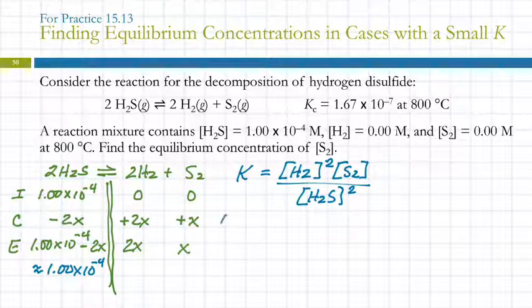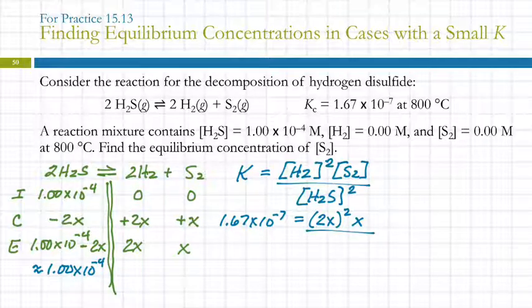We have our equilibrium constant, 1.67 times 10 to the minus 7. That's equal to the hydrogen concentration squared, so that's this 2X, times the sulfur concentration, that's X, divided by, and we're going to use this approximation, 1.00 times 10 to the minus 4.